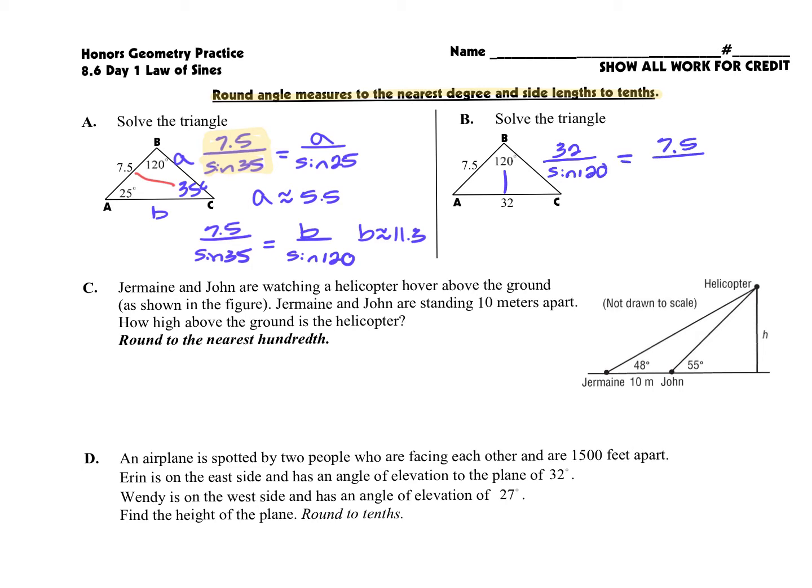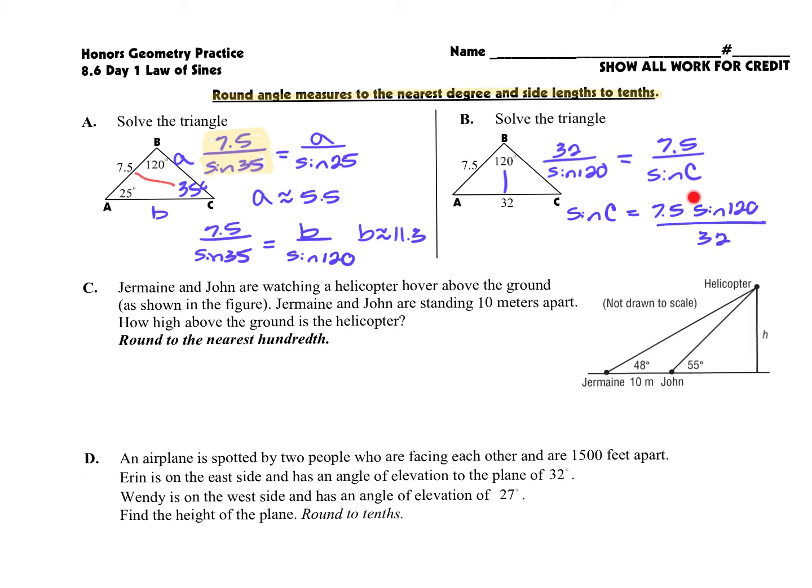And now we're going to divide by the sine of the angle across from it, but this time we don't know the angle. So remember, when you set this up and do the cross multiplication, what you will type in your calculator is the sine of C, and you're going to have 7.5, and the sine of 120, and that's all going to be divided by 32.